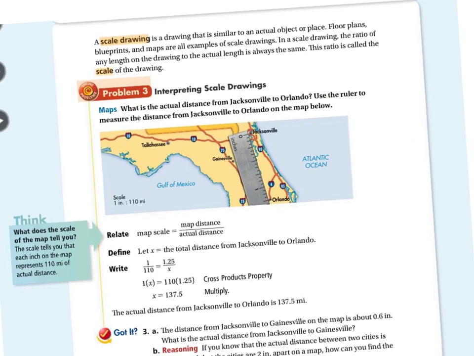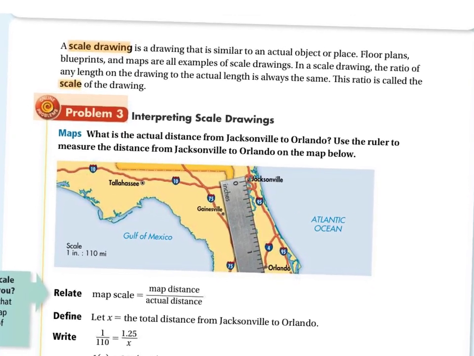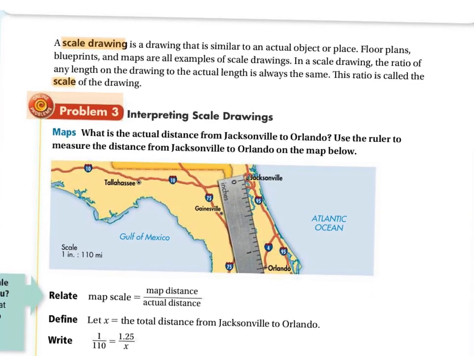So the next thing in the book talks about scale drawings. Scale drawings can be used when we want to make either a smaller or bigger drawing of something. A lot of times we do smaller drawings to make it more practical, like blueprints of buildings or maps.